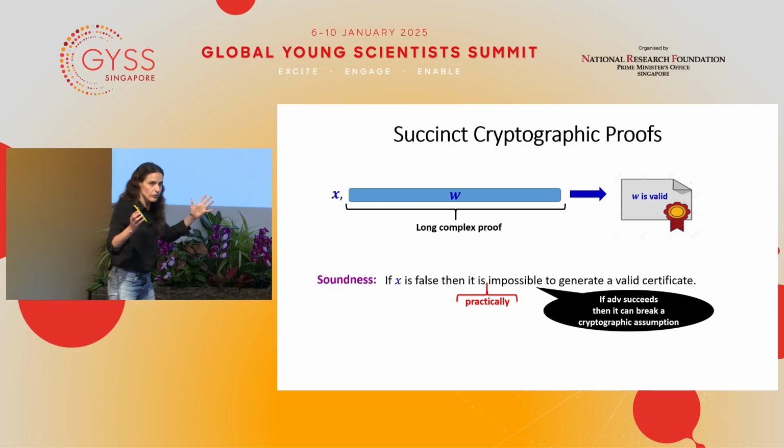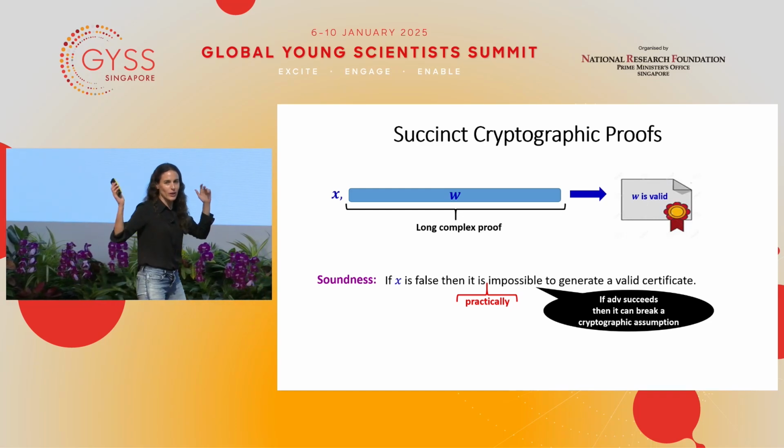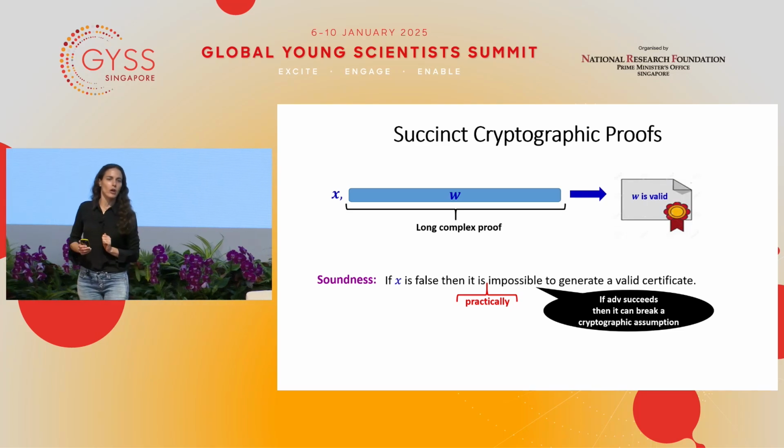So if you believe that it's hard to factor large numbers, or whatever assumption it is that we rely on, then you can relax and know that nobody will be able to find these succinct proofs, because you believe that nobody can factor large numbers.